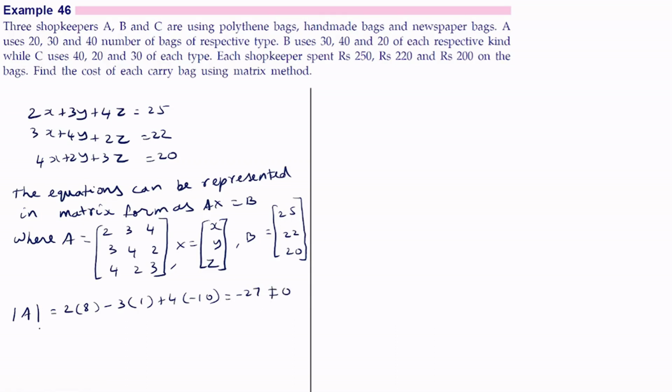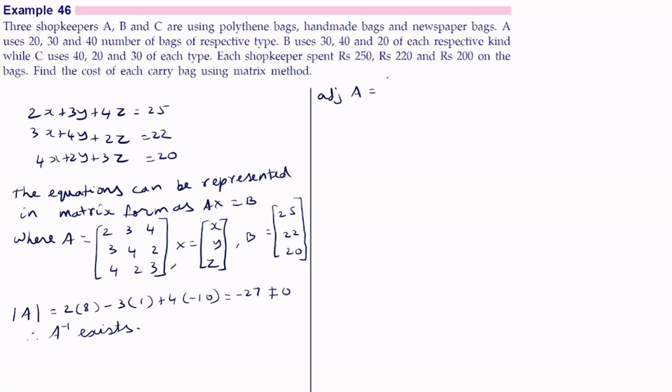So A inverse exists. Now let us find adjoint of A. So adjoint of A is the transpose of the cofactor matrix. So let us find the cofactor matrix of A.